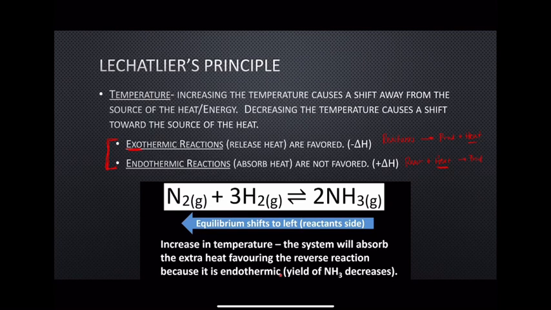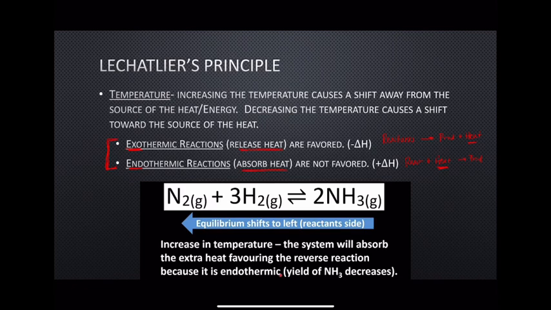Exothermic reactions release heat, so it's on the right side of the equation. Endothermic reactions absorb heat, so the heat is on the left side of the equation. Exo, heat is trying to exit, so it's on the right, on the product. Endo, heat's trying to come in, so it's on the left, it's on the reactants, okay?